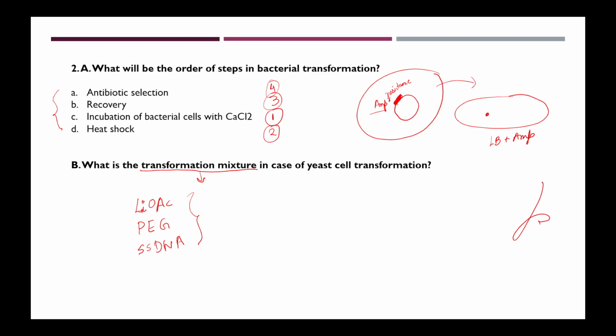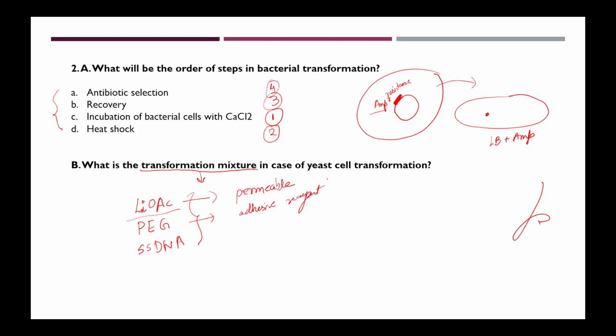Okay, so the function of these individually: lithium acetate does the function that calcium chloride does in bacterial transformation. Lithium acetate provides permeability. It makes the yeast cell permeable.